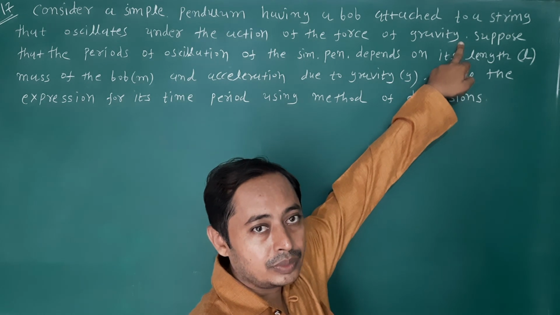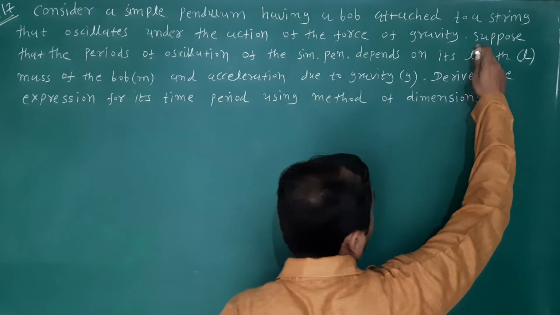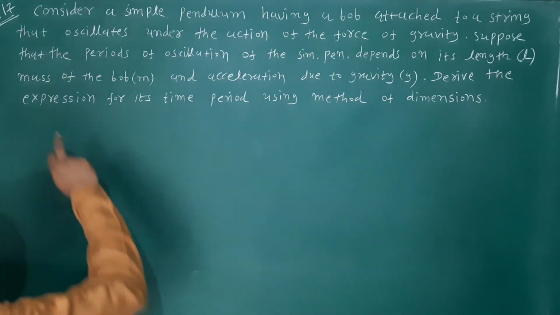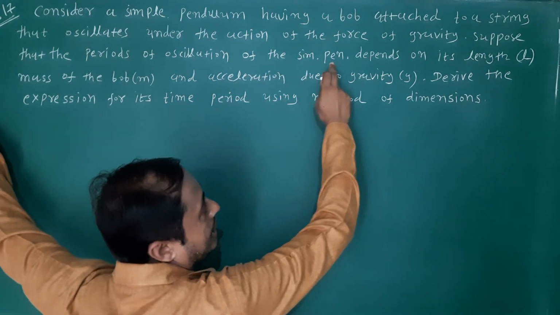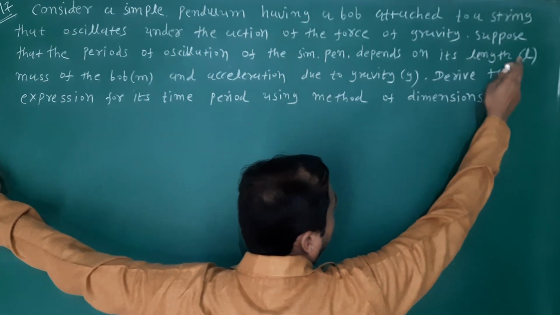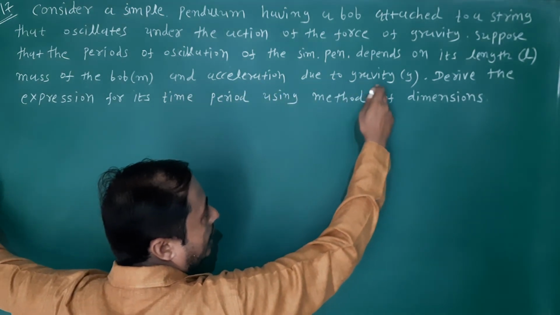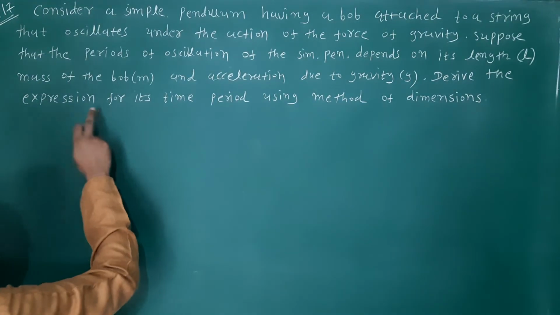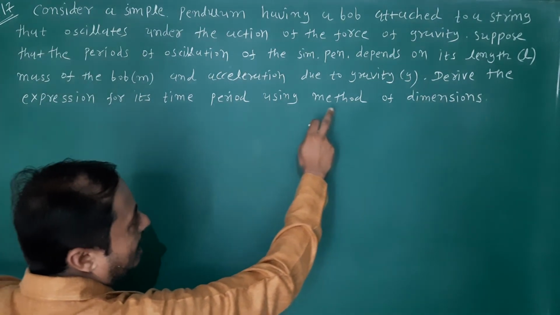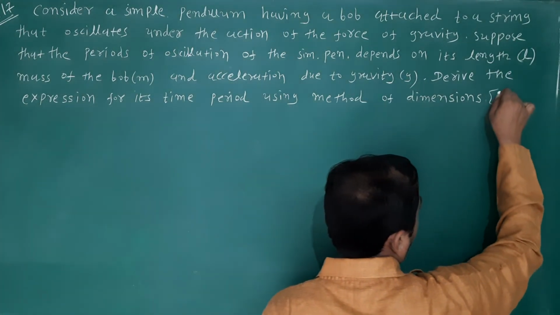Suppose that the period of oscillation of the simple pendulum depends on its length L, mass of the bob m, and acceleration due to gravity g. Derive the expression for its time period using the method of dimensions. Friends, this is a most important question.